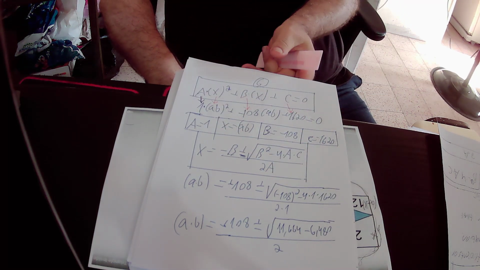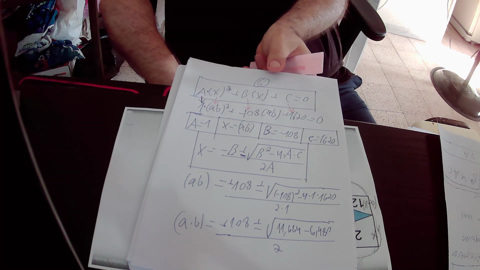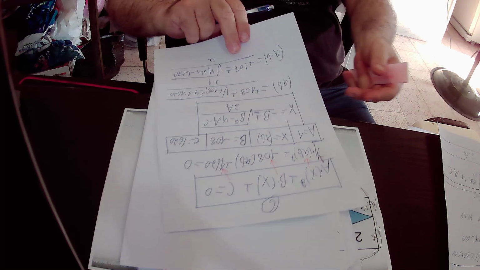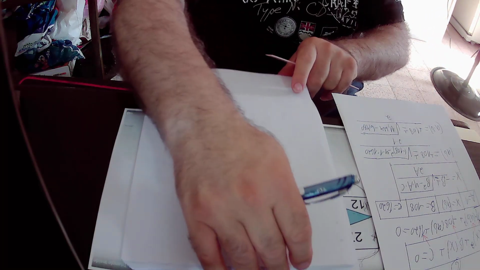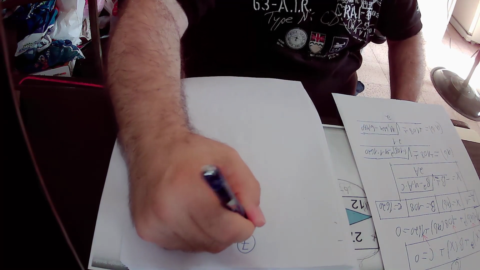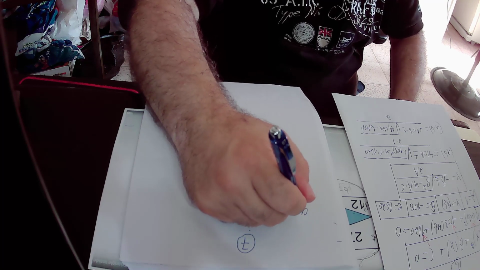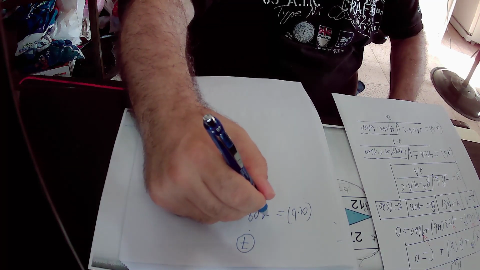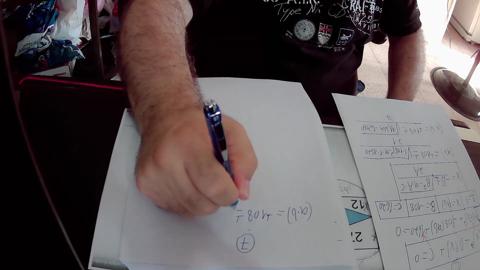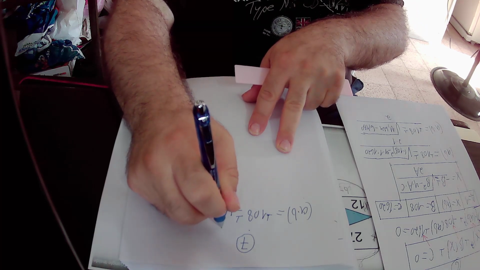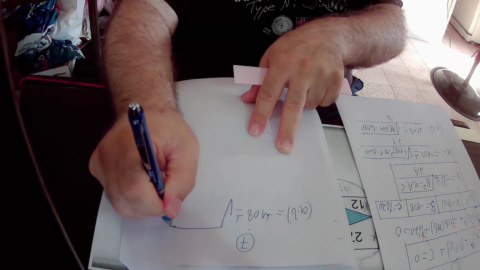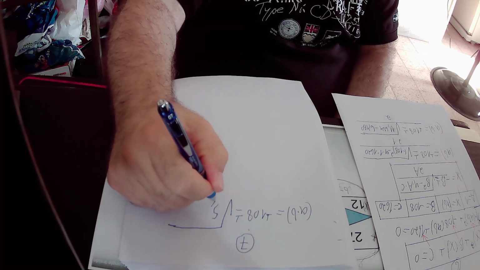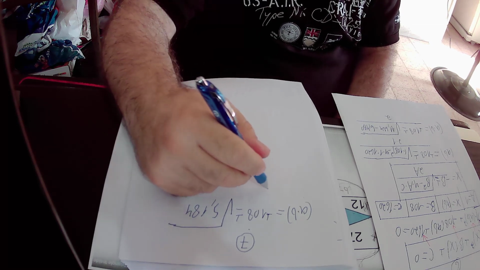Now we will compute 11,664 minus 6,480. We will get that A times B equals 108 plus or minus the root of 11,664 minus 6,480, which equals 5,184, all divided by 2.